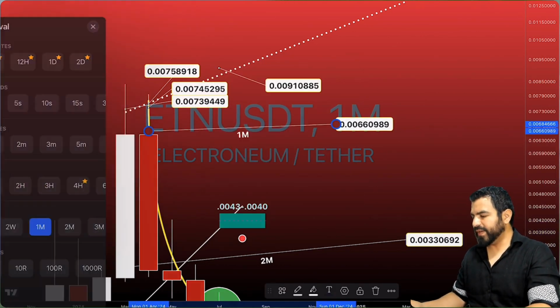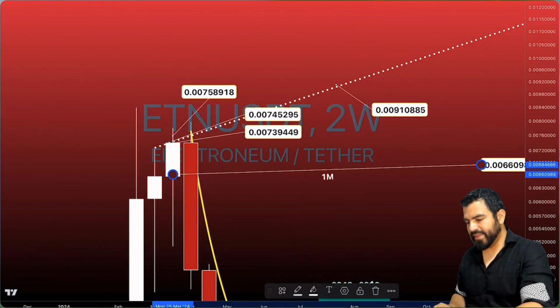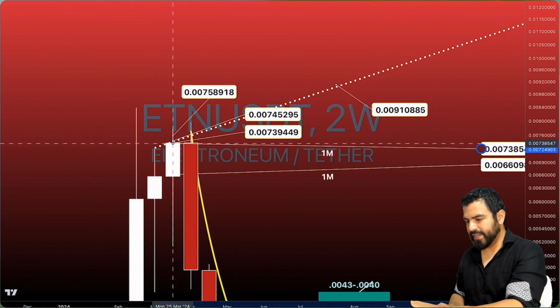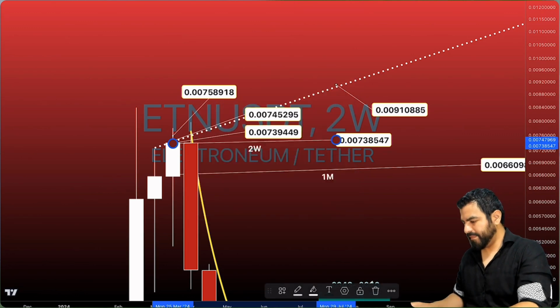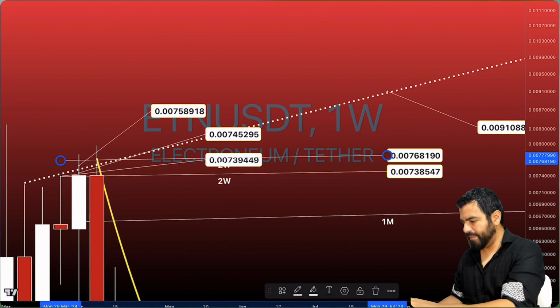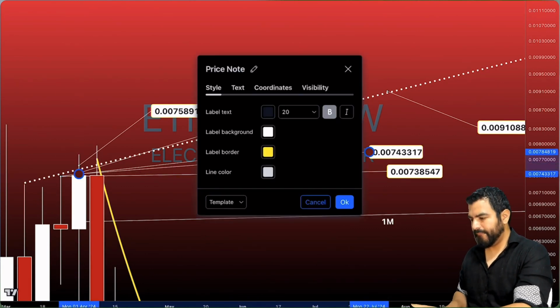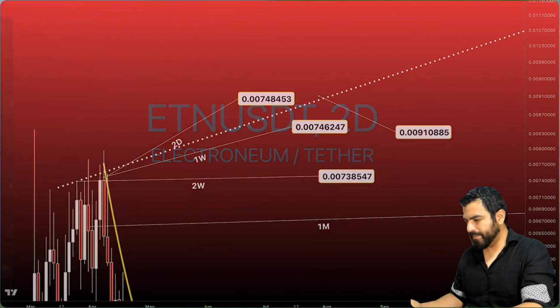And then we're going to go to 2 week. Oh, it's even higher. What do you say about that? Let's go to here. 2 week. 1 week. Same deal. And finally 1 day.